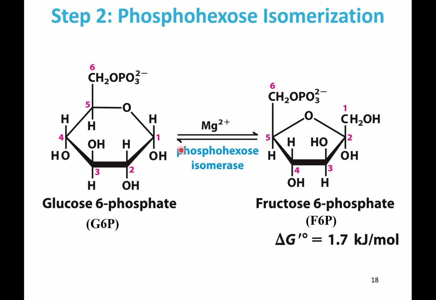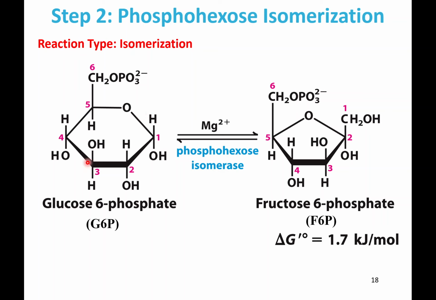This reaction is catalyzed by an enzyme called phosphohexose isomerase. Phosphohexose is the 6-carbon sugar with a phosphate, and isomerase is telling you what it's doing. It's catalyzing an isomerization reaction.